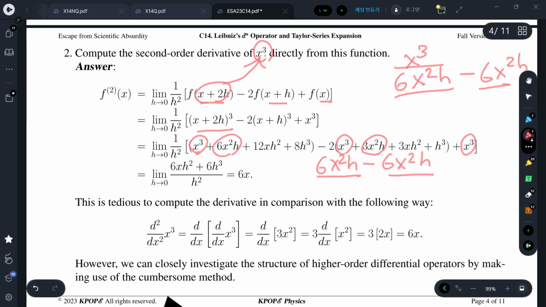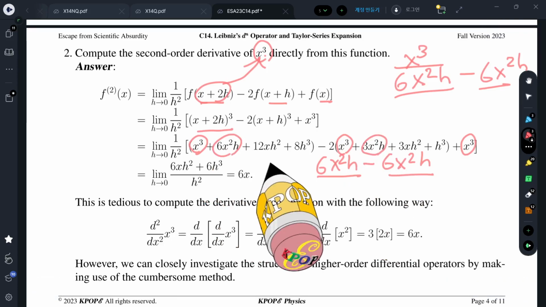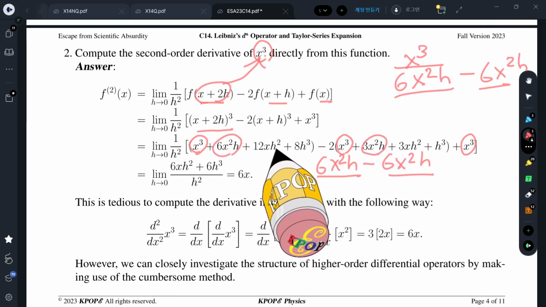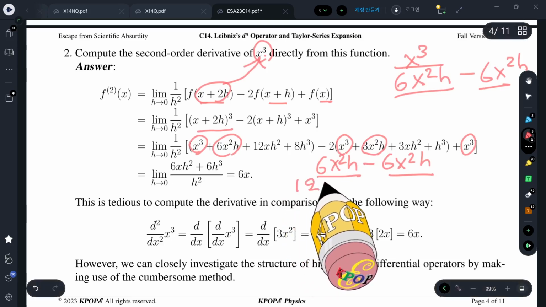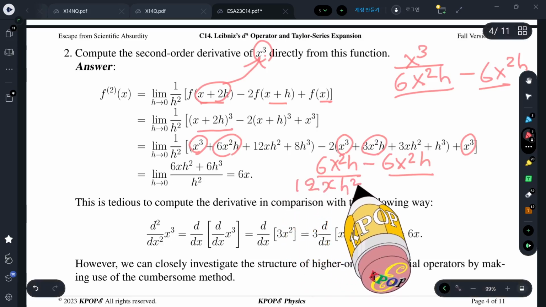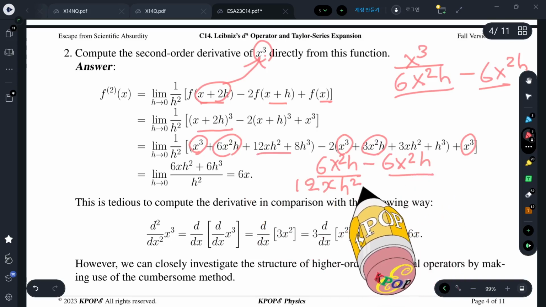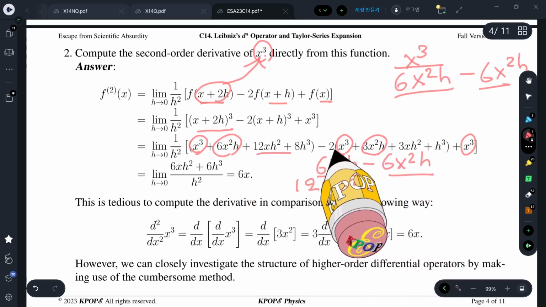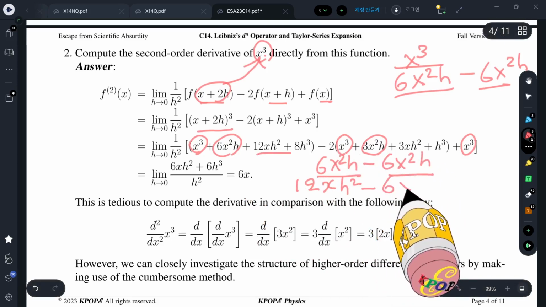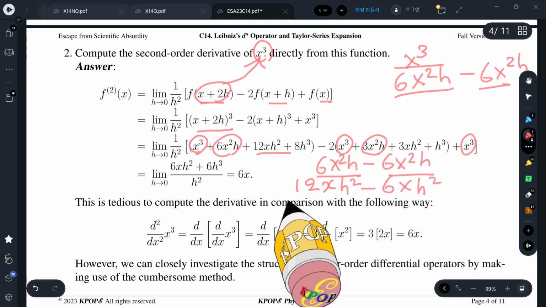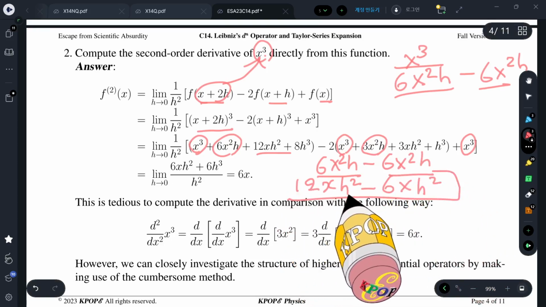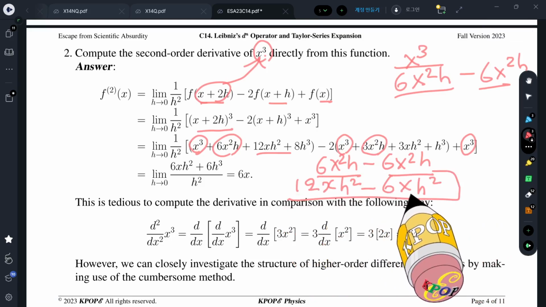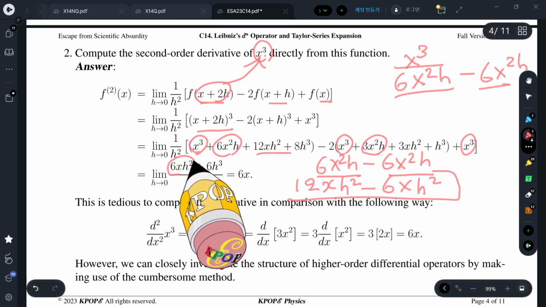So at the next order the expression is 12x h squared minus 2 times 3, 6x h squared. They survived. That is 6x h squared.